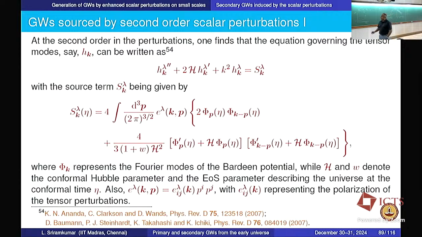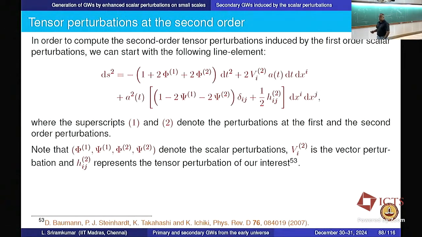So what you arrive at is as follows. I mentioned how these are tensor perturbations that are sourced by scalar perturbations. You don't need to quantize them. These are classical, right? This Hk is classical. So for the equation of motion for each of the Fourier modes, you can decompose the Hij in terms of the polarization tensor and the modes.